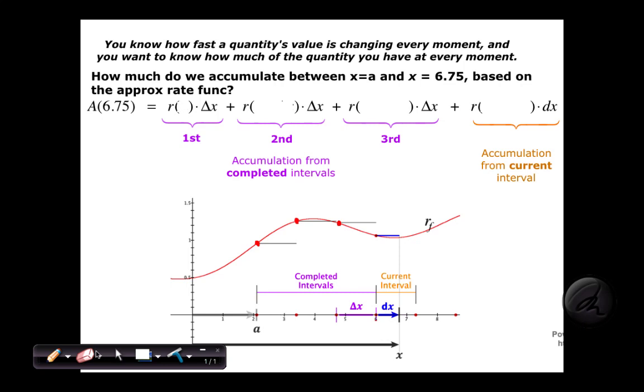So in general, though, if I look at those spots, before we worry about how to put this into a summation, the first one's r of a, all right? That's the rate function at point a. By the way, if I write this as r of a, our approximate rate function evaluated at x equal to a, it's also, would you agree, r sub f of a?